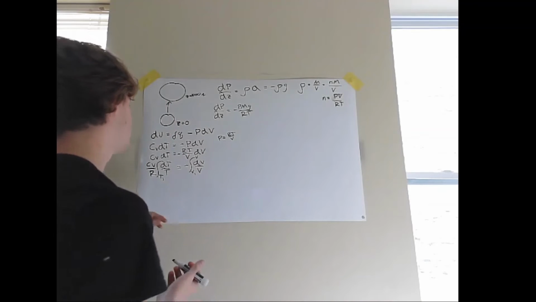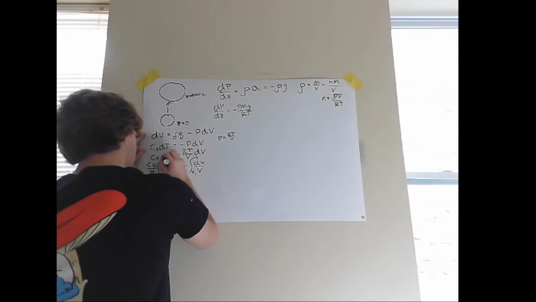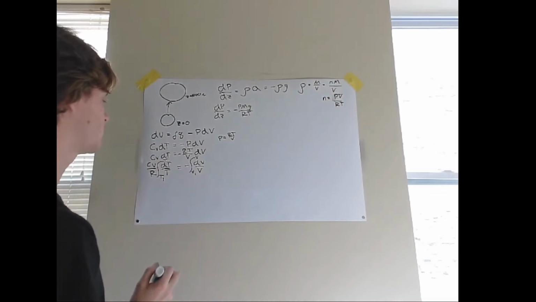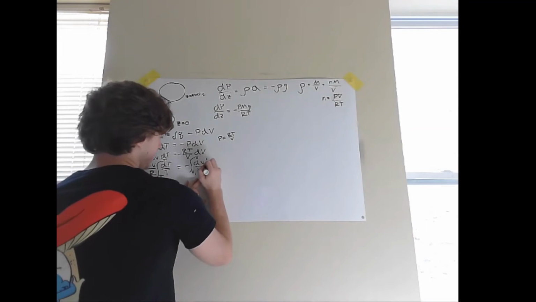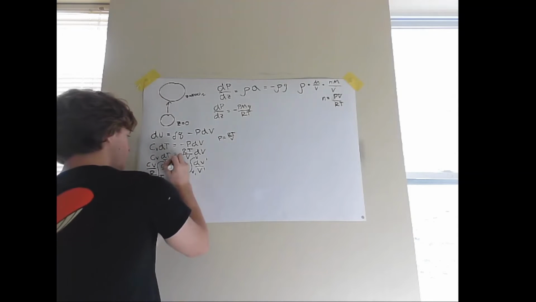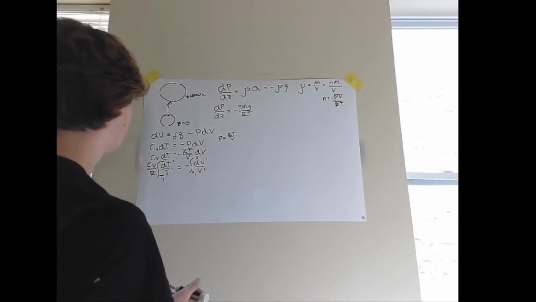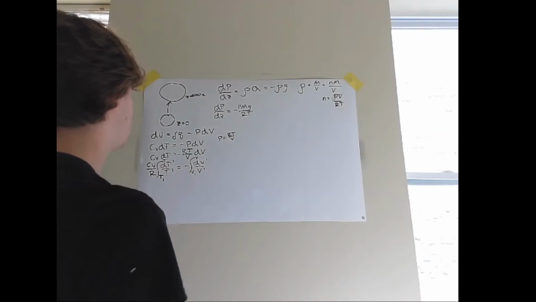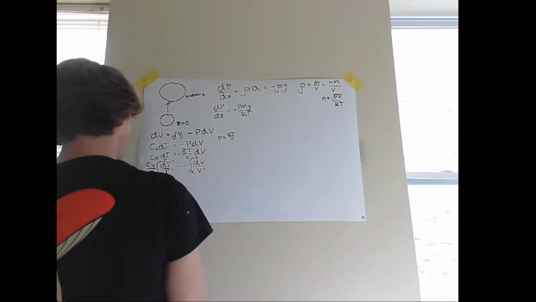In this case, it's 1,000 meters for my example. And then same thing with temperature, it's the temperature we're going to. I'm going to turn these into dummy variables of integration so that we don't get them confused, and then integrate. So basically these are just integrating 1 over x, which just gives natural log.